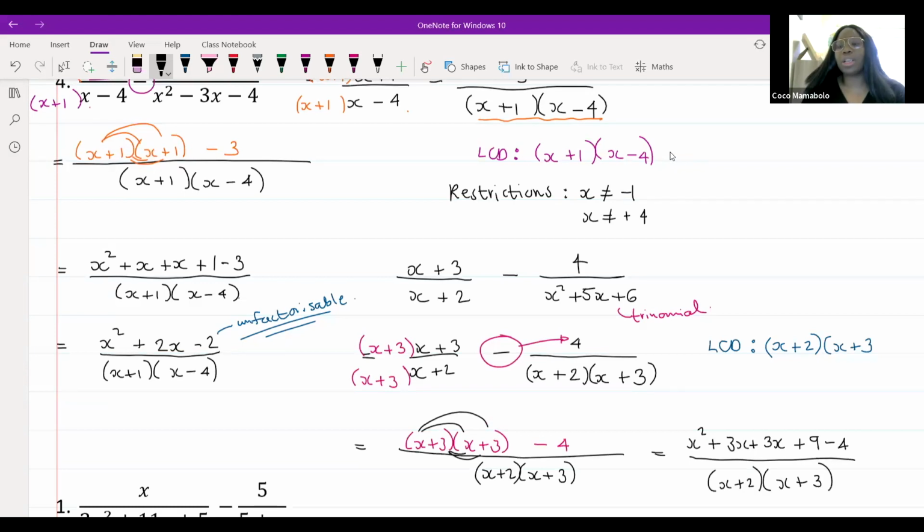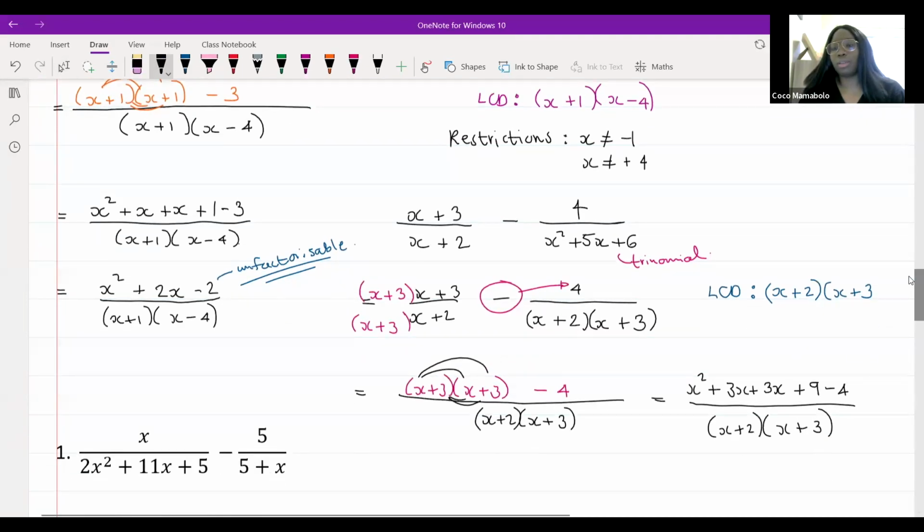Right. Then we're going to clean up the top. We're going to add like terms at the top. So we're going to get x squared plus 6x, and 9 minus 4 will give me plus 5, over x plus 2 and x plus 3. Now, we can factorize the top.